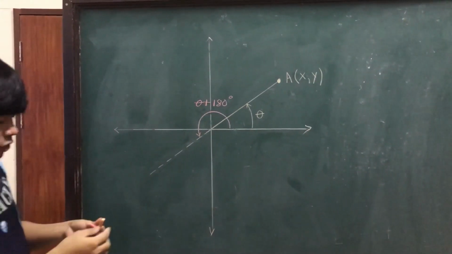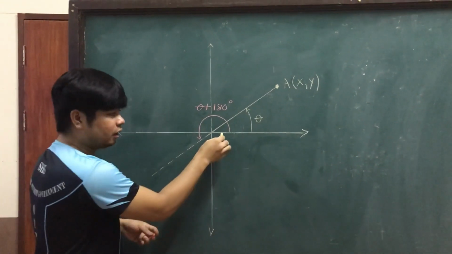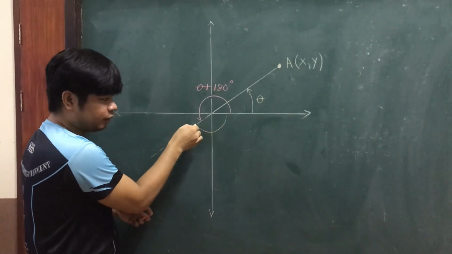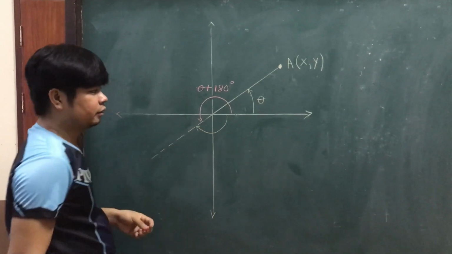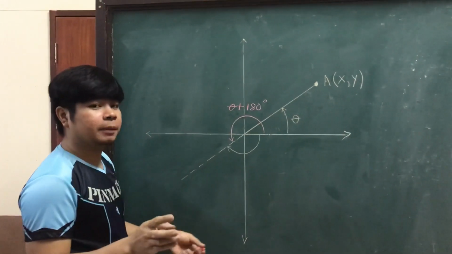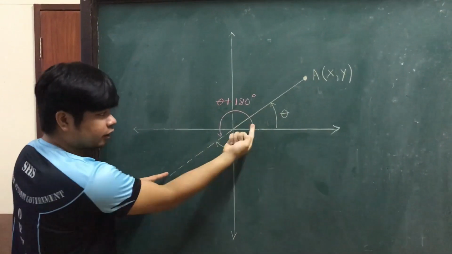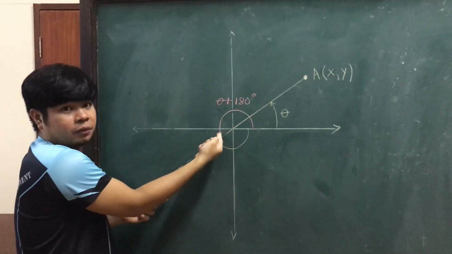Imagine also that there is a generated angle here up to here. Since we're talking about the angle in standard position, theta plus 180 degrees represents this counterclockwise rotation.